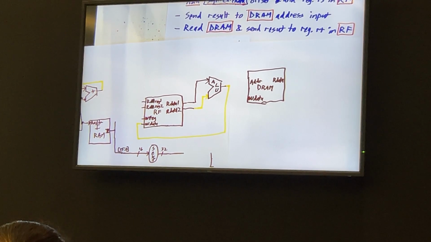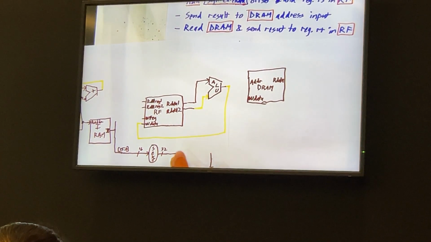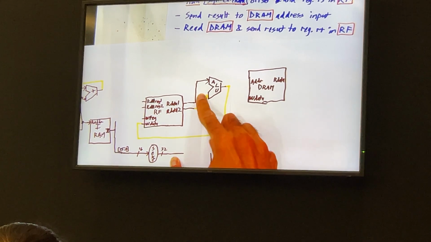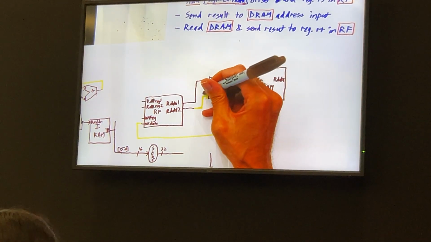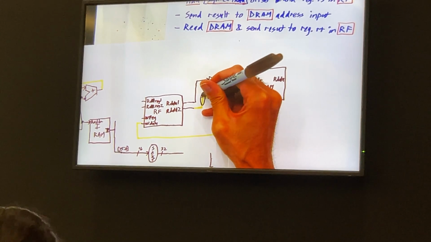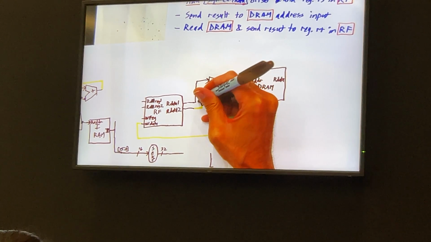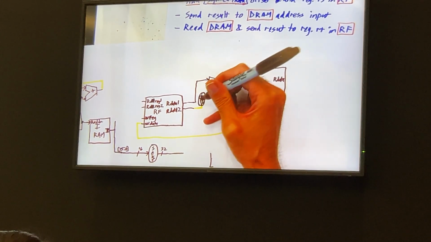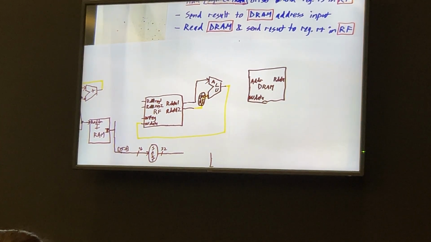So what we want is to pick either this or this, which means we need a mux there to pick either this or this. So now you can ignore all this yellow stuff. Everybody got that? Okay, so we're going to make a mux, and that mux is going to be right here.